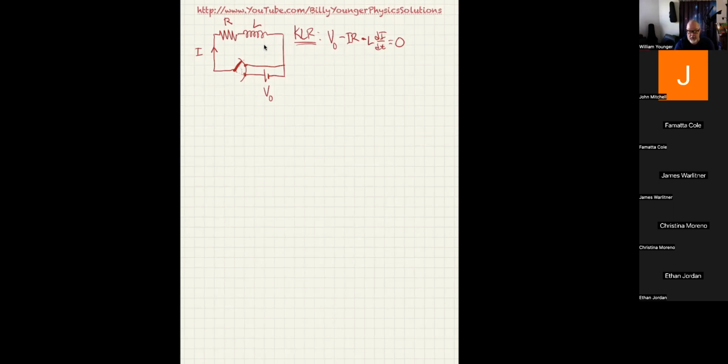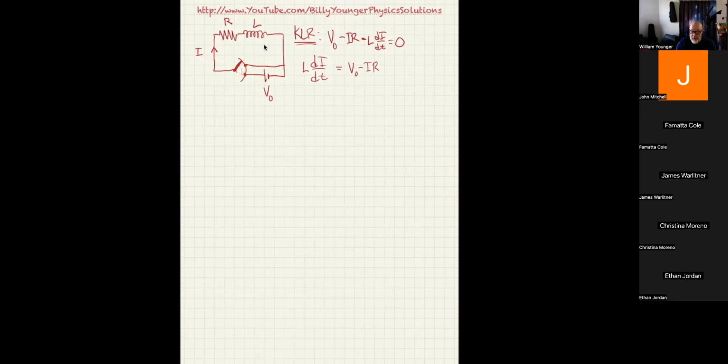So I'm going to start off by writing L di dt on one side. I've pulled that over to the right-hand side, but then I flip the sides to make it the left-hand side. And then on the other side will be V0 minus I times R. And this I, as you can see by the derivative, is actually a function of time.